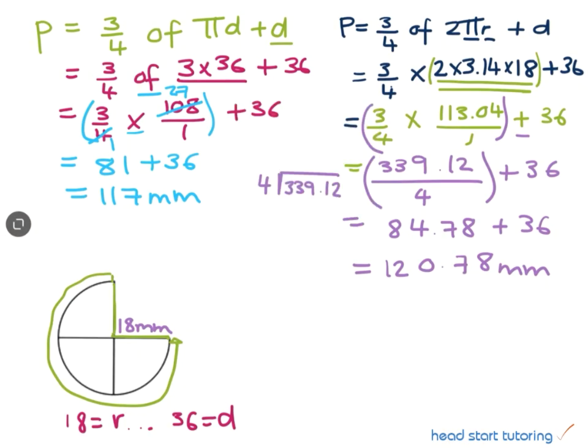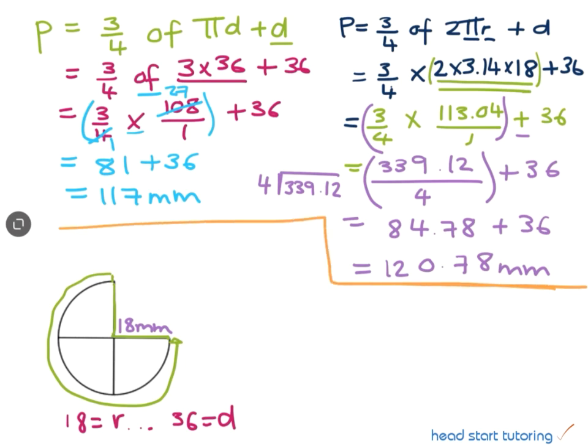Right, so when we are working with pi equal to 3.14, the perimeter of this 3/4 of a circle with a radius of 18 millimeters will give us an answer of 120.78 millimeters.